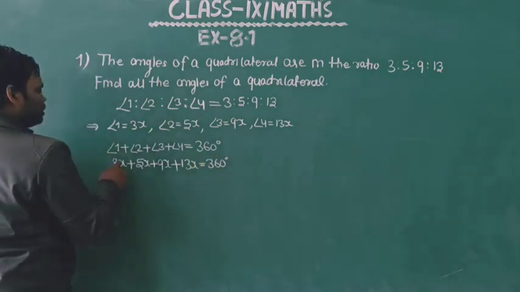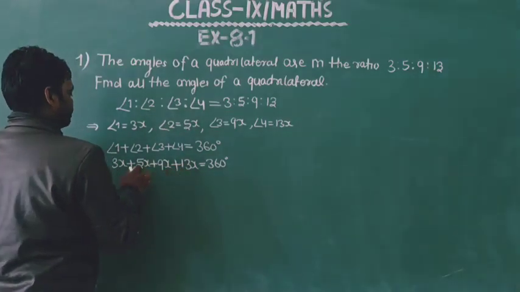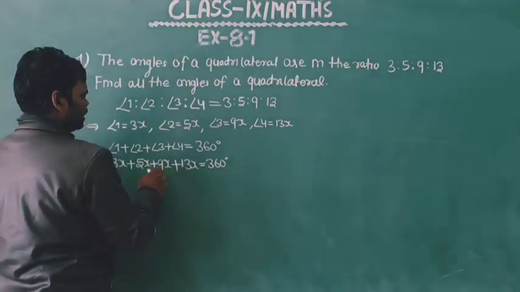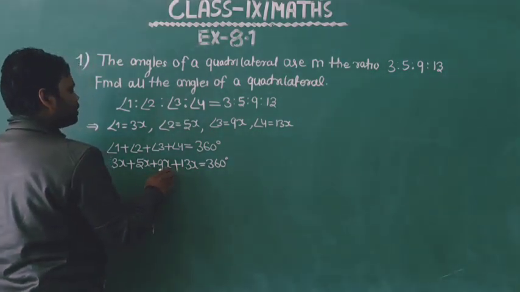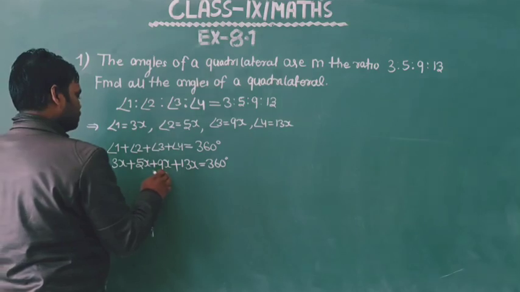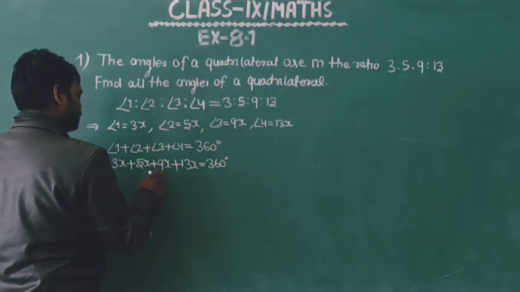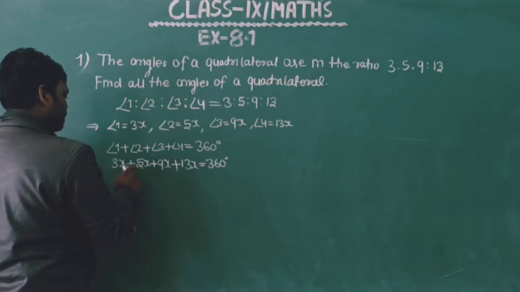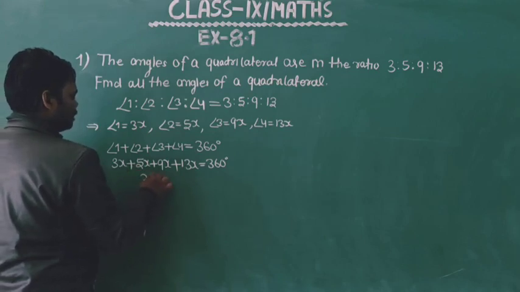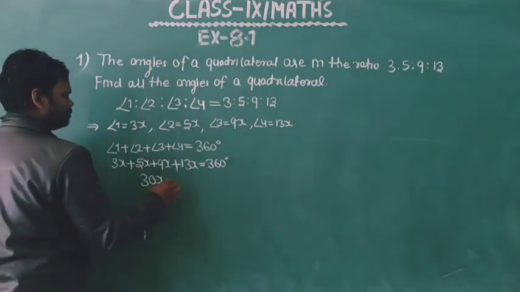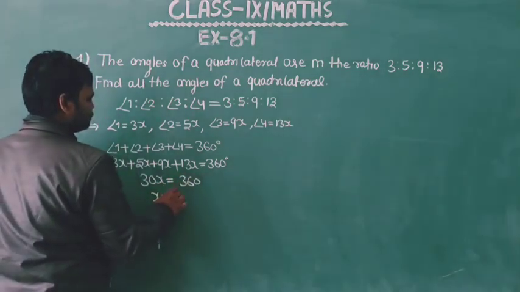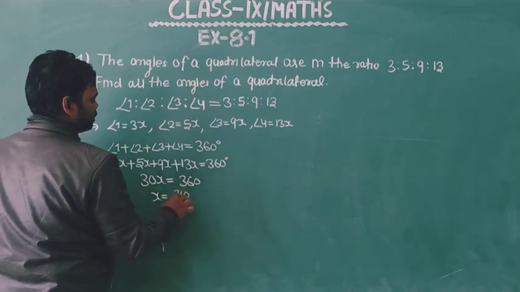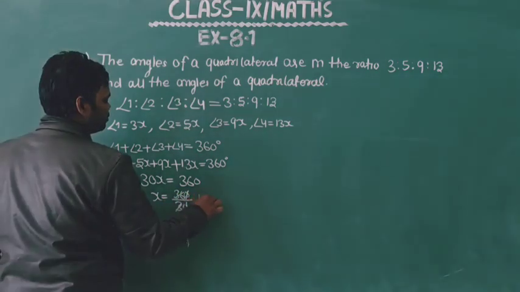Now 3x plus 5x plus 9x plus 13x gives 30x equal to 360, and x equal to 360 upon 30, the 0 cancels, and this is 12.